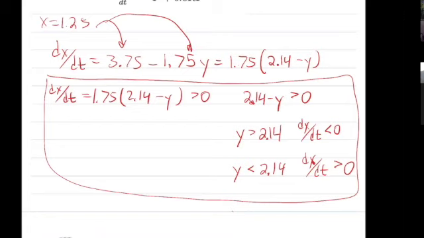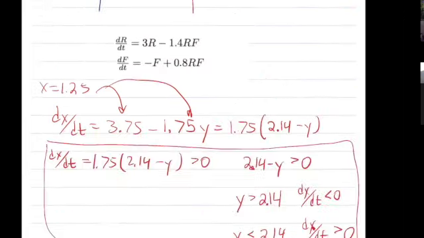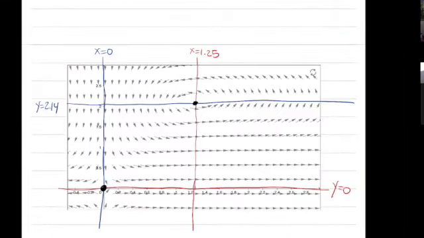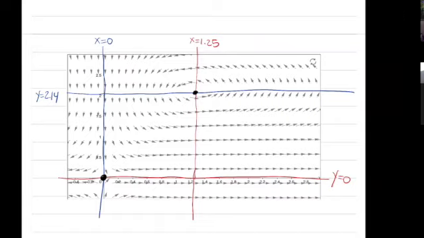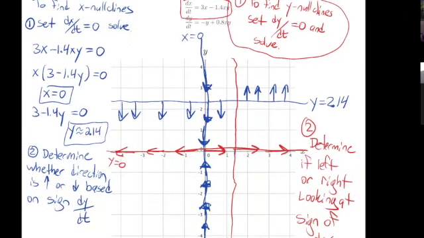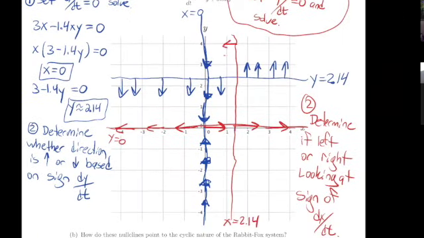And then basically you can set it equal to 0 and then determine what values of y make it positive and what values of y make it negative. So we can see that when y is bigger than 2.14, it points to the left. So we get vectors that are pointing this way. And then when we drop below 2.14, they change to this way.